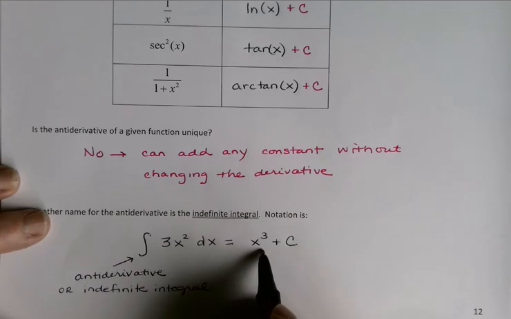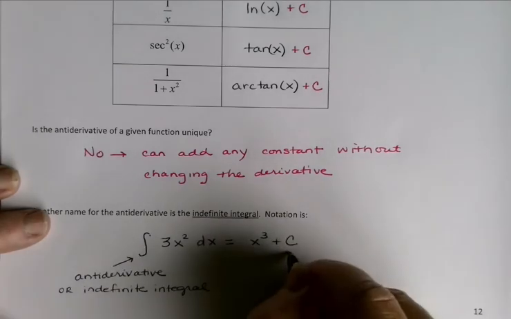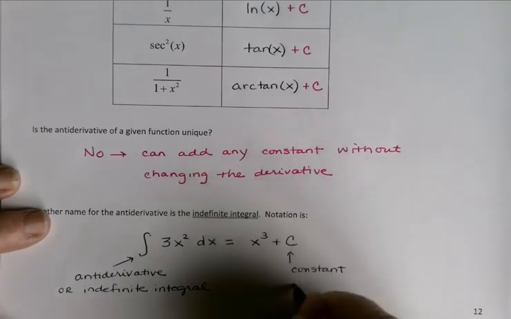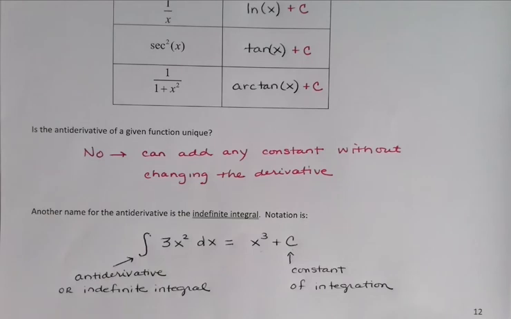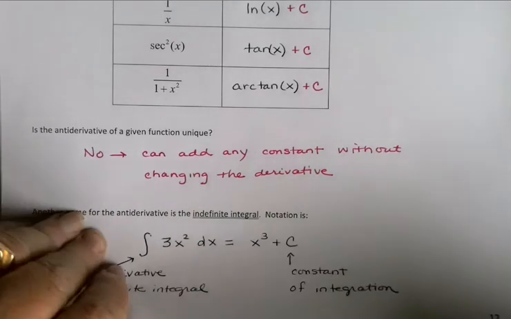Working backwards, we find the x cubed, and then don't forget the constant of integration, that arbitrary plus c, whose derivative is always 0. All right, let's talk about a few rules that are going to make doing antiderivatives a bit easier.